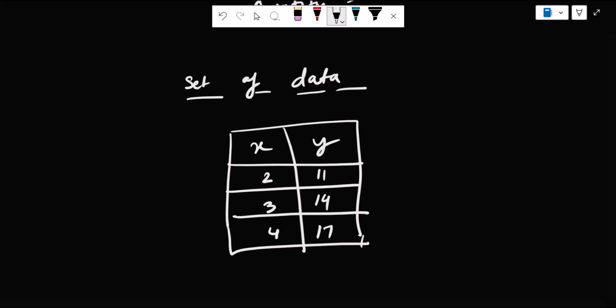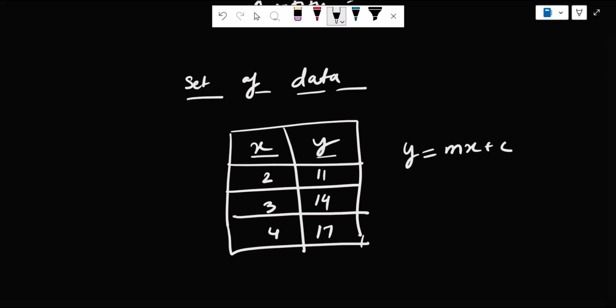We can take the example of x as the study hours and y as the score of a student out of 20. So how do we determine the relationship between x and y? Let's say we have to come up with a linear relationship, y is equal to mx plus c, which gives a certain y, and then we find the delta between the predicted y and the actual y, and we say that the error is minimum.